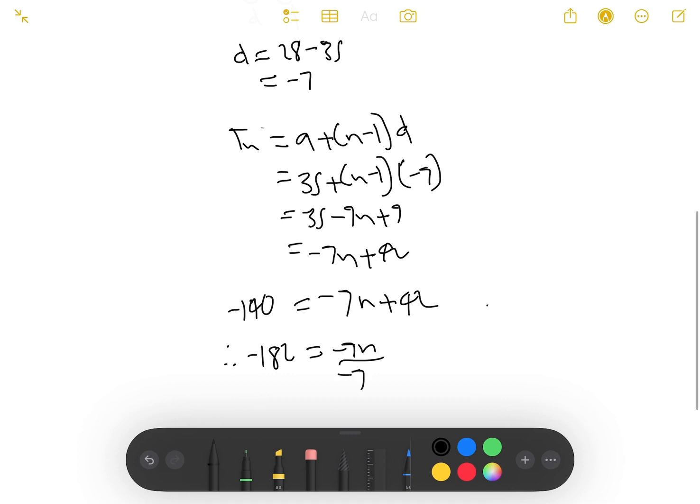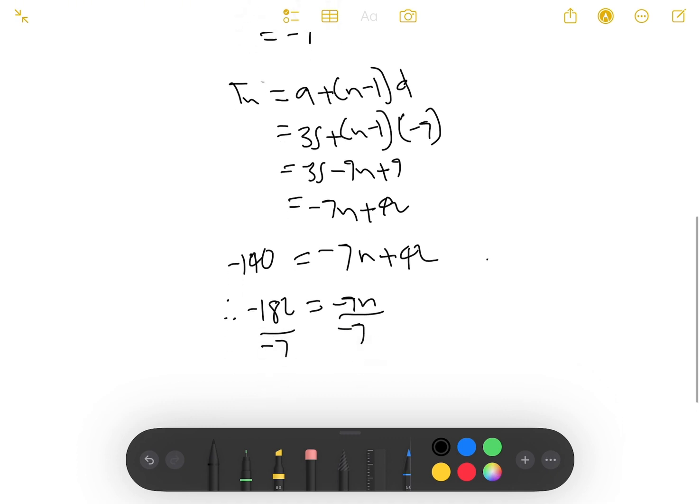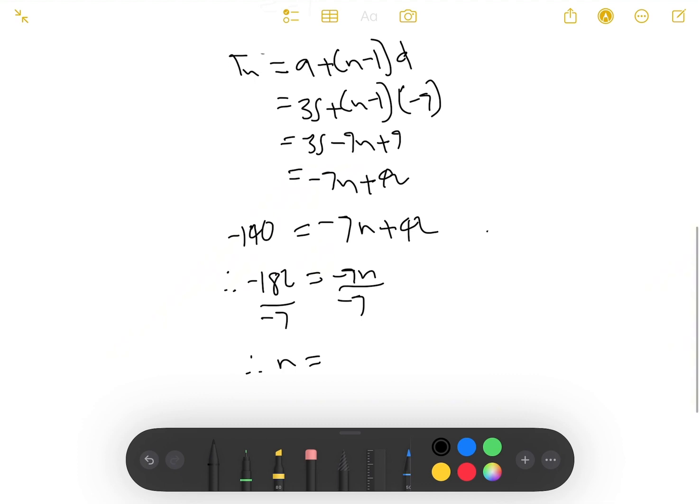Divide both sides by negative 7, and you end up with n equal to 182 over 7, which is 26. Kindly note that whichever term you find here must be a whole number, something like 26 or 27 or 28. You should not find decimals. Should you find decimals, just know that your formula is not correct.